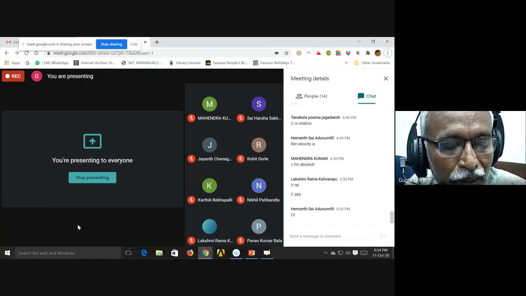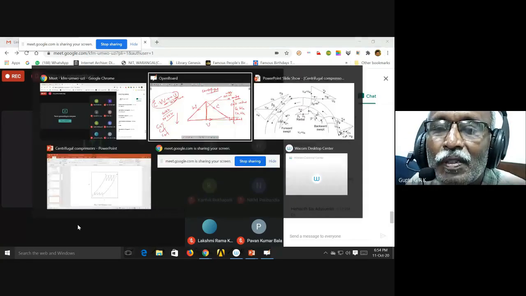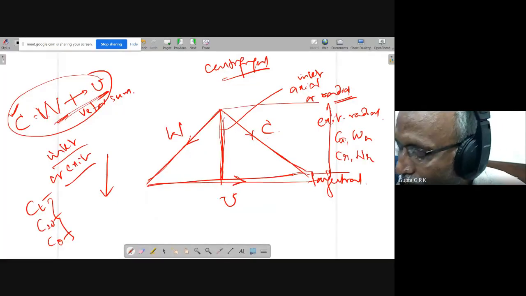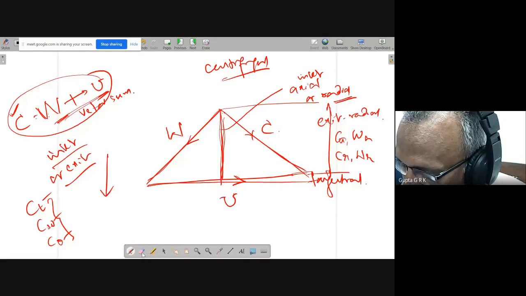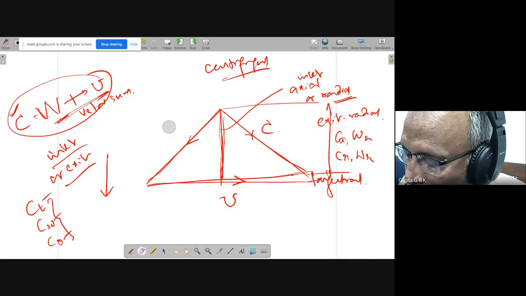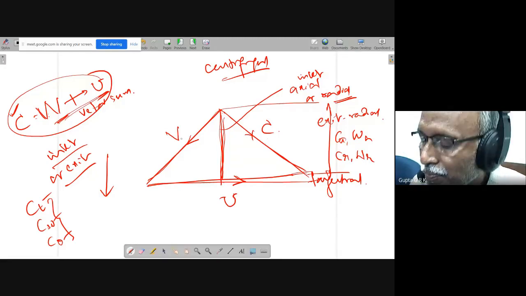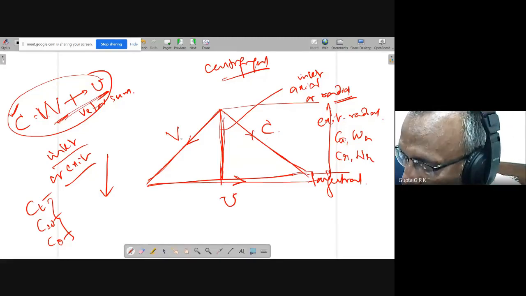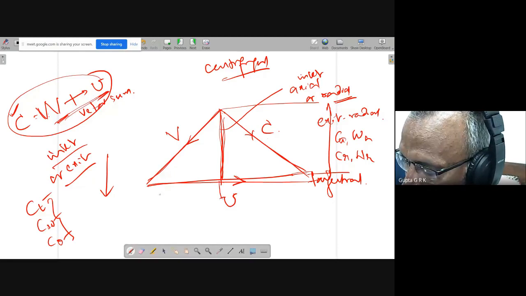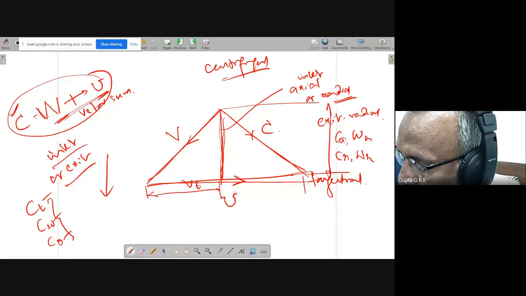CT, yeah? Okay, then I will write V only for this. Then this component, this tangential component is VT, and this component is CT.